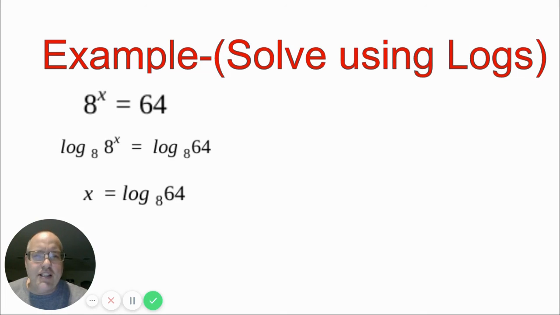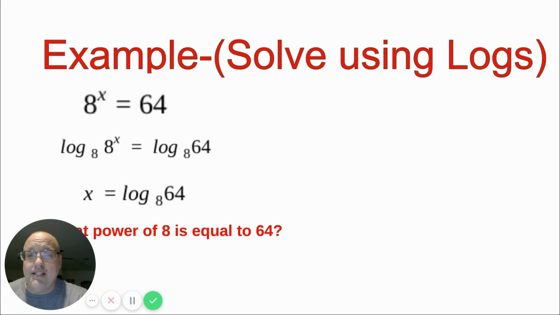Now we can simplify that, probably because you know what number is supposed to go where the x is. The question I ask myself is, what power of 8 is equal to 64? I do apologize that you can't see the word what, but that's what I'm asking myself. What power of 8 is equal to 64?